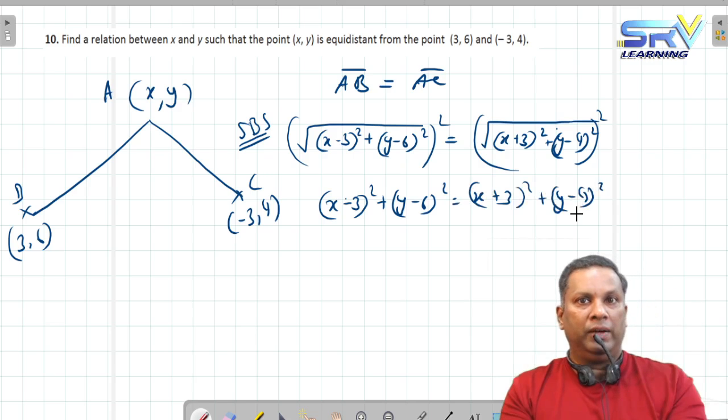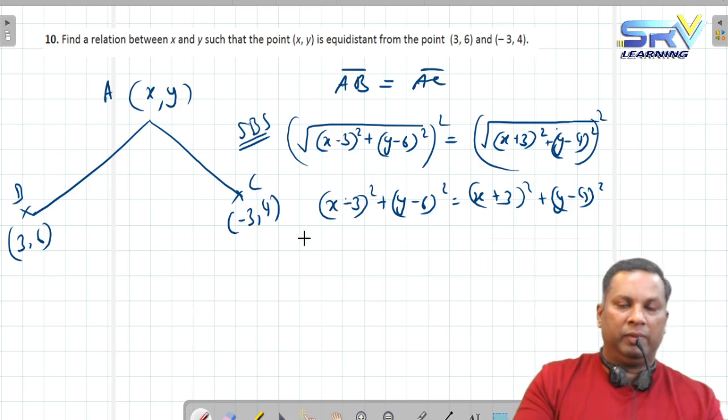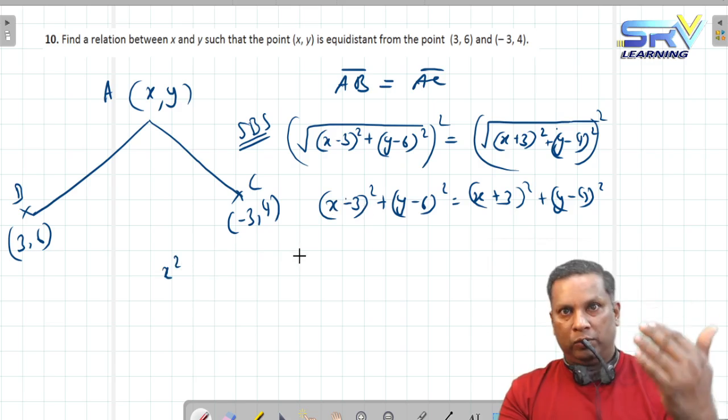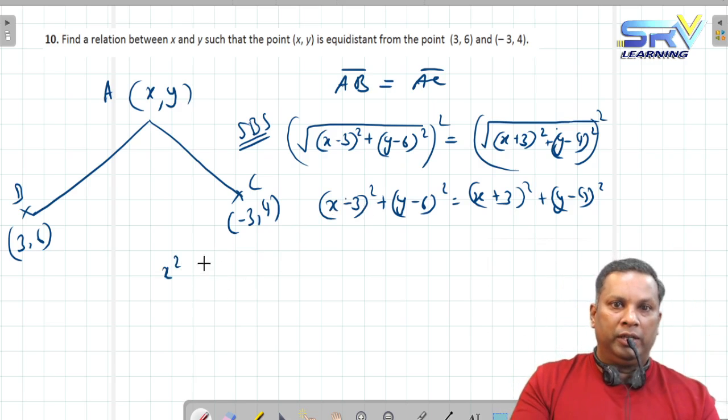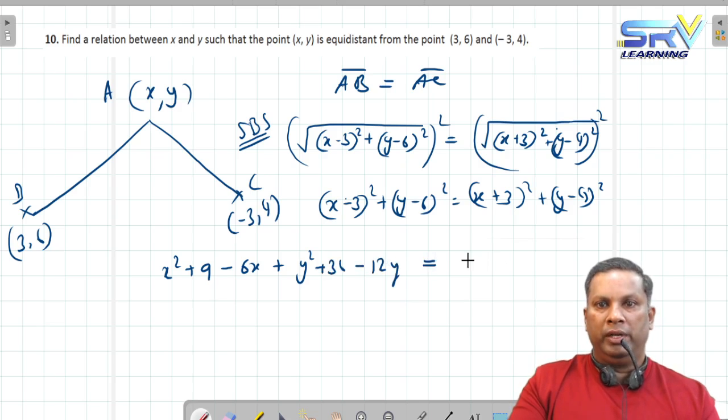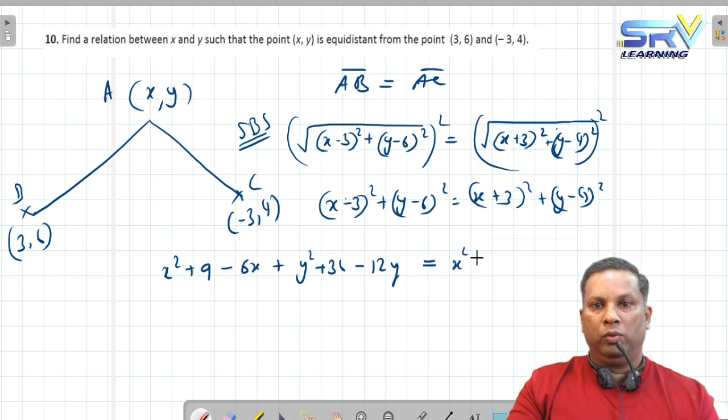Now you don't have any choice but to expand the brackets. So it becomes a square, a minus b whole square, a square plus b square minus 2ab. So x square plus 9 minus 6x plus y square, expand it, y square plus 36 minus 12y should be equal to x square plus 6x plus 9 plus y square plus 16 minus 8y.